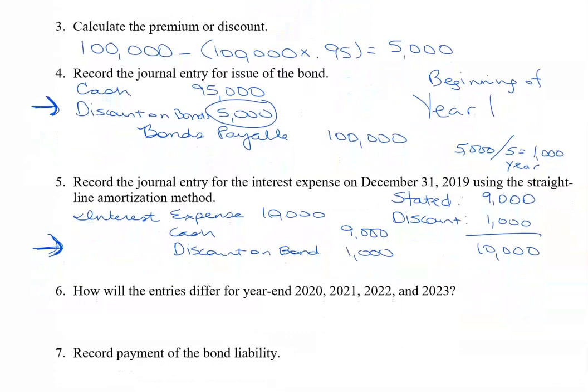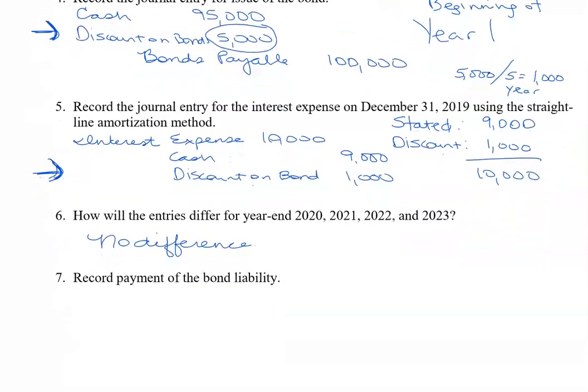So how would this entry be different for the end of the next 4 years? There would be no difference. It's the same interest and amortized discount each year. And then when the bond is over, at the end of the 5 years, it's time for us to pay this back. So we know we're going to pay cash of $100,000.